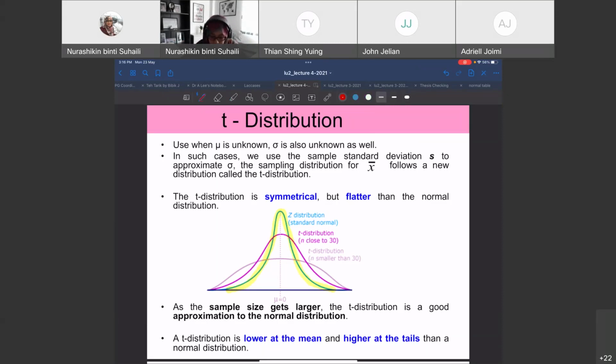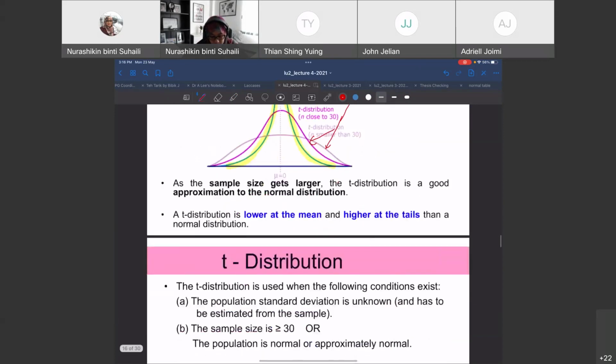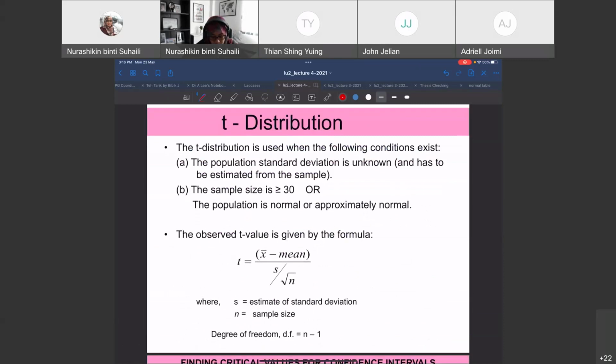That's one of the characteristics of the T distribution. As the sample size gets larger, the T distribution is a good approximation to the normal distribution. It is lower at the mean and higher at the tails. It is used when the population standard deviation is unknown and has to be estimated from the sample, and when the sample size is greater than 30 or the population is normal or approximately normal.